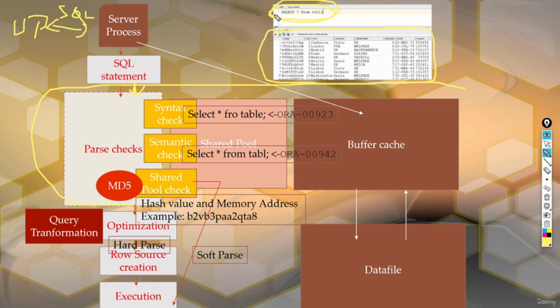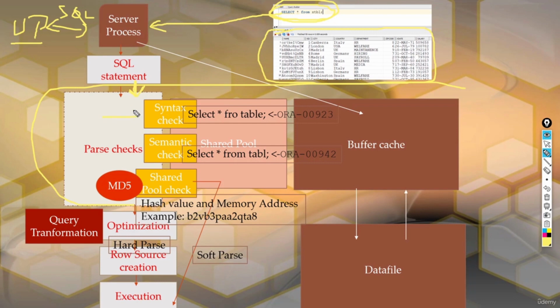So this select query is executed from the SQL Developer client. So this is the user process. Okay, so this client contacts the server process in the background with the database. Okay, so now it enters the shared pool. Select star from the table is entering the shared pool.